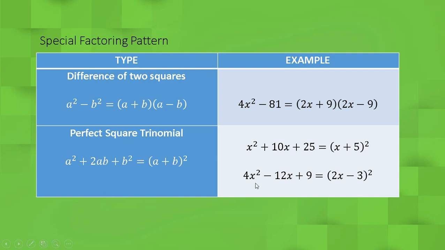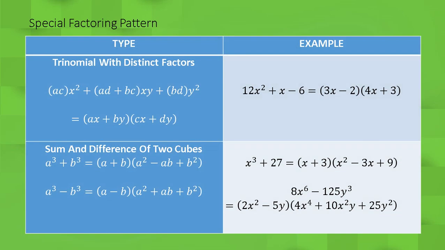So here, find two factors for 4 times 9, that when you multiply, the answer would be 36. And then when you add, the answer is negative 12. Your answer should be both negative, so that the sign here becomes positive, or the operation is addition. Okay, we'll use this later.